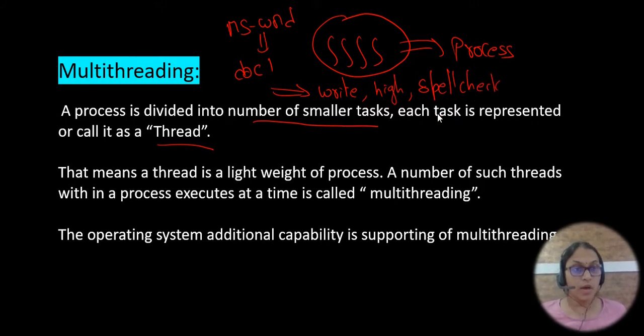After that you save the document and the process is executed. So these are all multiple threads executed at a time. A thread is a lightweight process, and a number of such threads within a process executing at a time is called multi-threading.